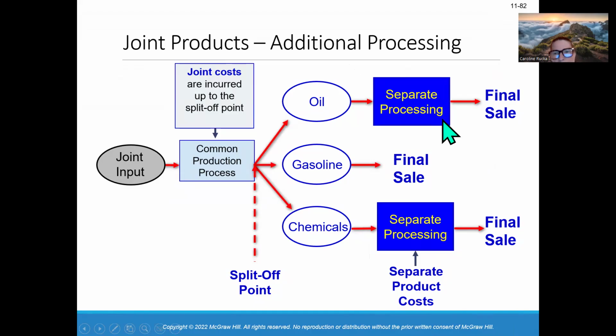So oil requires separate processing for final sale. Gasoline is ready at the split off point, and then petrochemicals also need separate processing to reach final sales. That means that both oil and chemicals are going to have separate product costs.